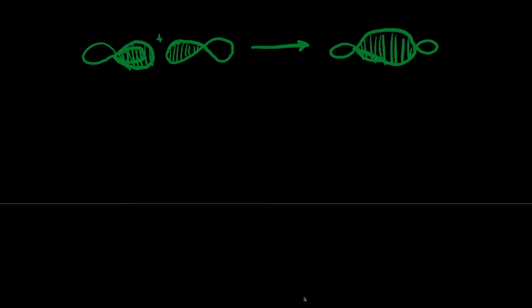And if I combine those two orbitals, what I would end up getting is a great big orbital in between and two of these little antibonding orbitals. The middle part is a bonding orbital. This bonding orbital that exists in the plane of the nucleus is technically a sigma bond, even though it's created by two p orbitals.